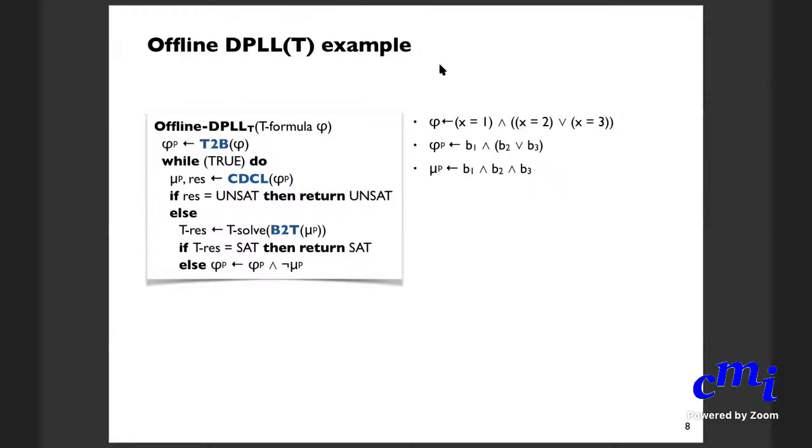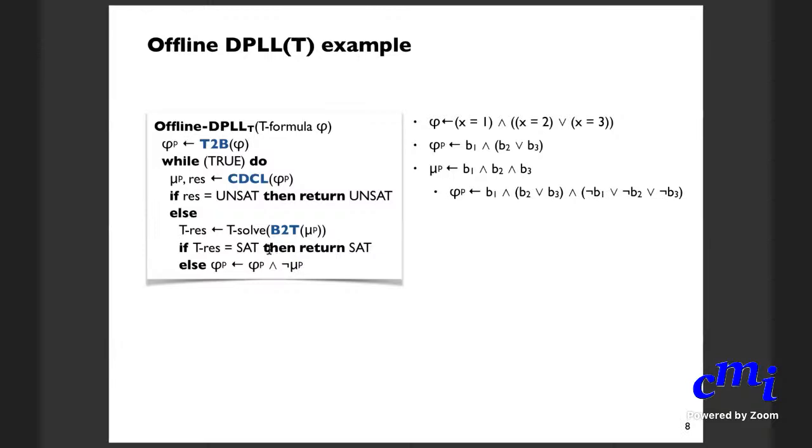SMT solvers work with specific theories only, so you have to instantiate. You may be able to satisfy that in some theory that you have constructed in your own imagination, but here we are assuming that it is integer theory. Therefore that will not work, and now you block that.